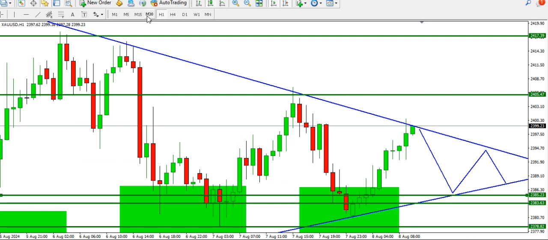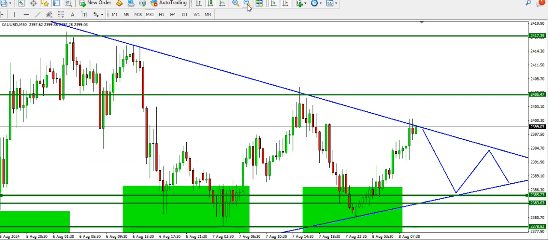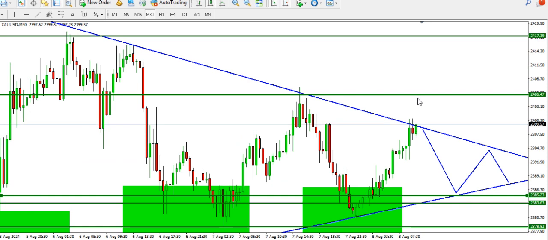On the 30 minutes time frame, price is also ranging, but there seems to be more pressure on the bull side. So the bulls are making an attempt to push price up, and if price breaks and closes above this descending trend line, just like I said on the 1-hour time frame, price might rise.